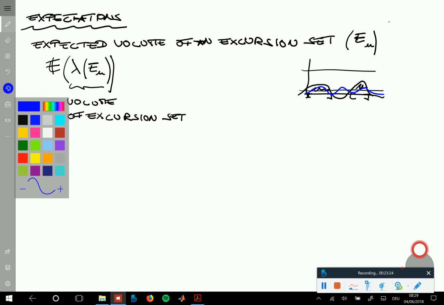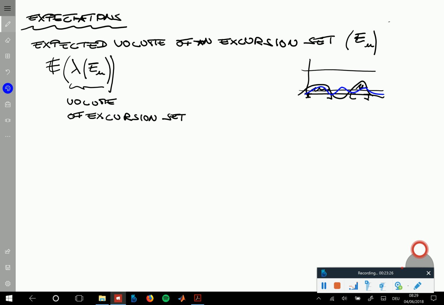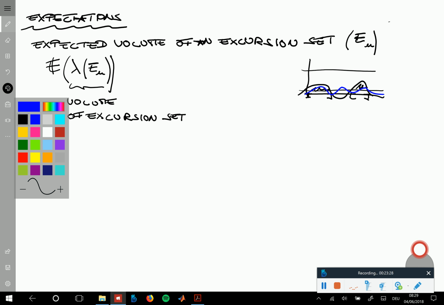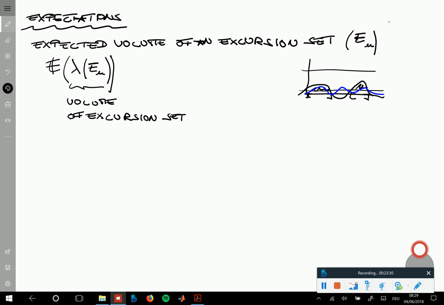Now, what is the analytical expression for that? That's fairly straightforward. It is given by the volume of the search space. So this refers to this thing here. So that's the search space.